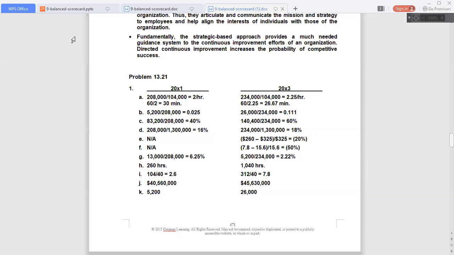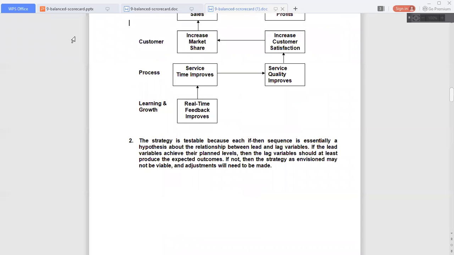Assume that there is only one measure per objective. So we have now the strategy is testable because each if-then sequence is essentially a hypothesis about the relationship between the lead and the lag variables. If the lead variables achieve their planned levels, then the lag variable should at least produce the expected outcomes.